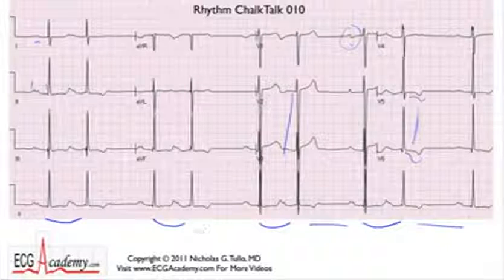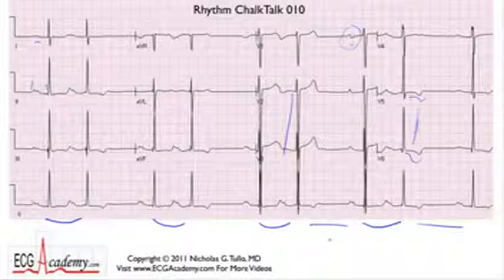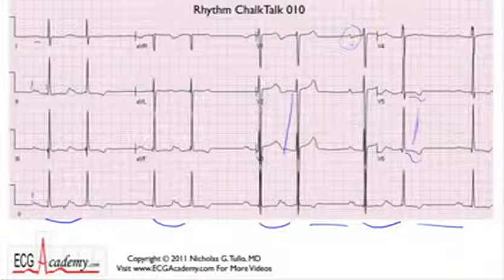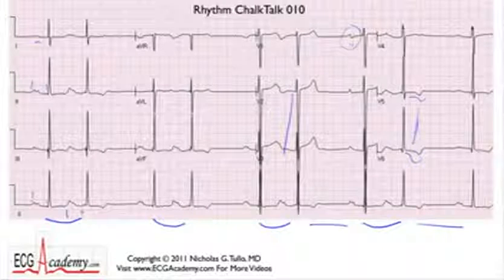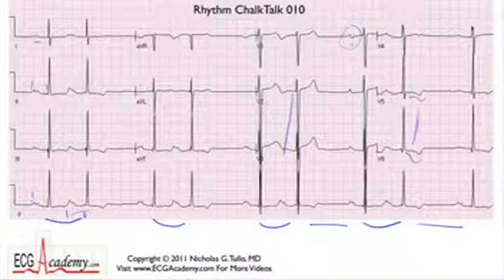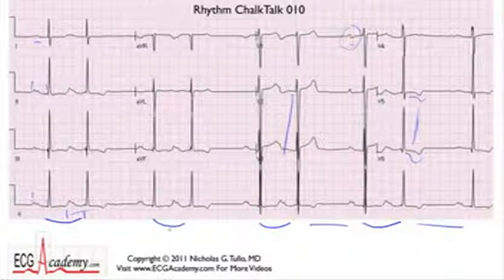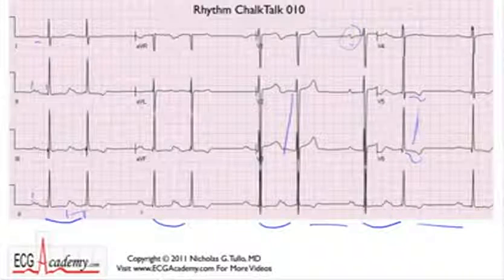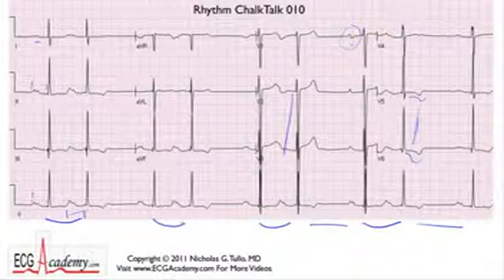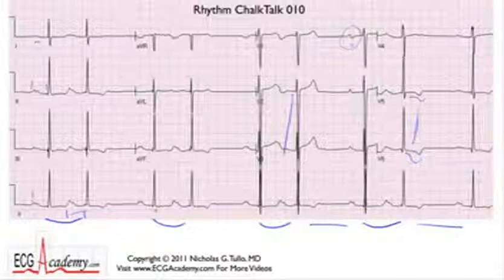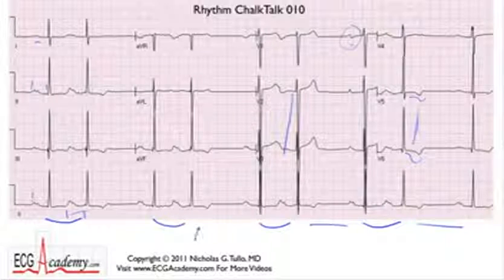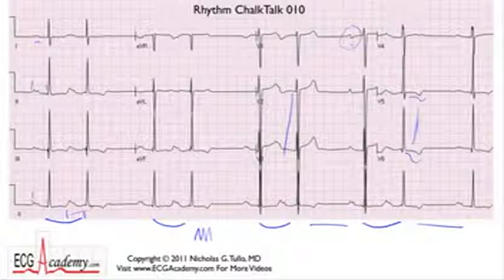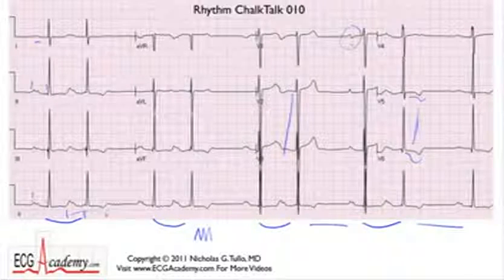But the hardest part is figuring out the rhythm. And if you look at the PR interval of this second beat, it clearly looks like it's getting long, right? Well, where exactly is the P wave, though? I just want you guys to be clear about it because remember, P waves give you a very sharp deflection because they have high frequency signals. And when you look at this T wave, you see it's nice and smooth.